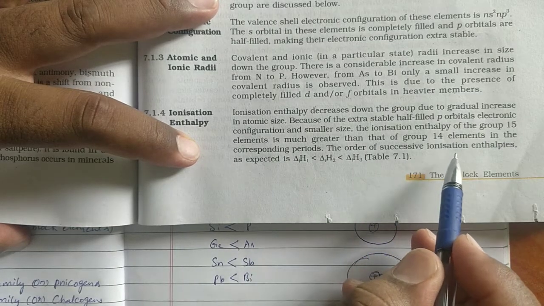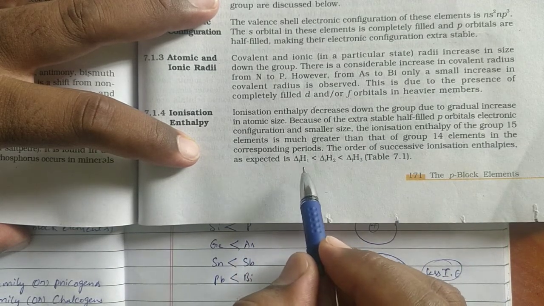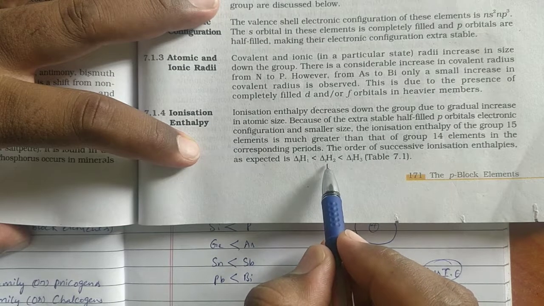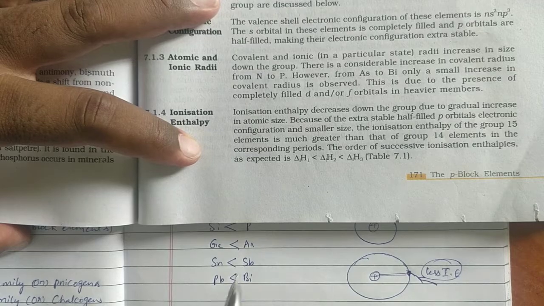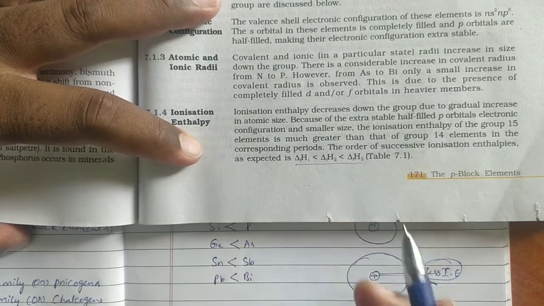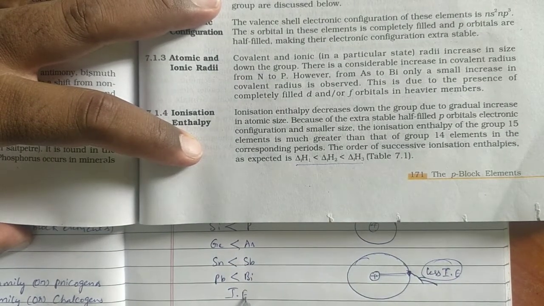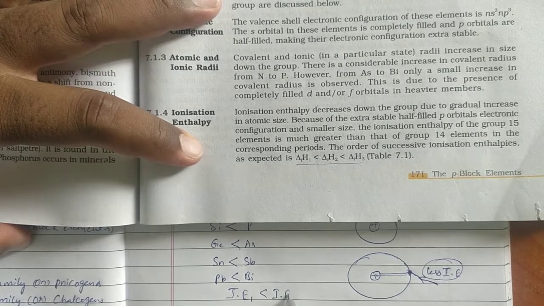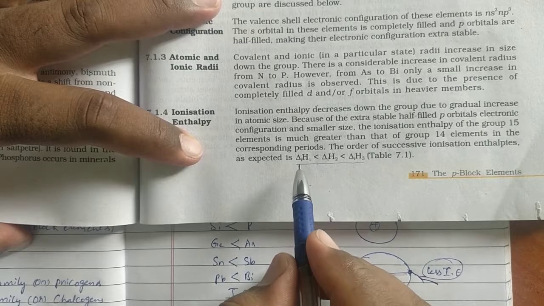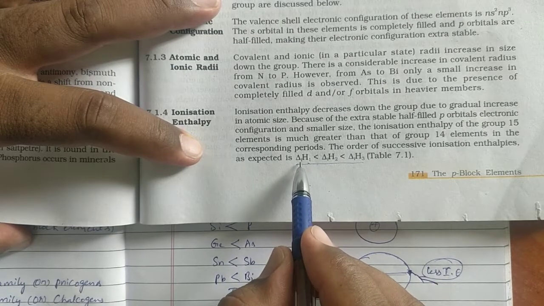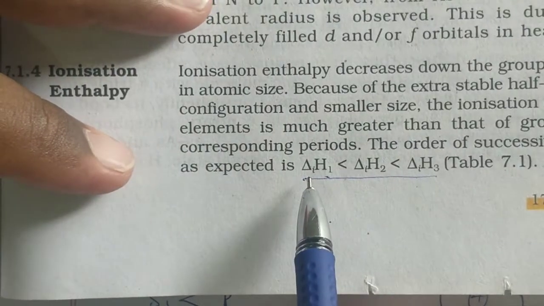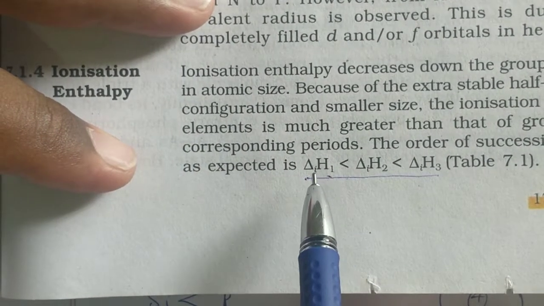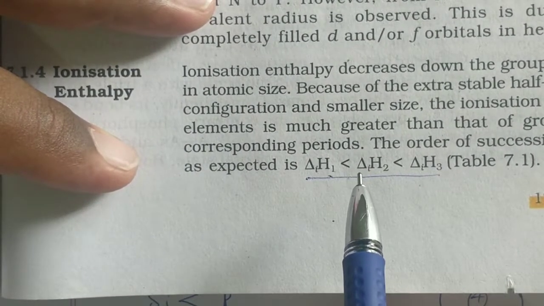The order of successive ionization enthalpies, as expected, is delta H1 is less than delta H2 is less than delta H3. This is every time maintained like that only. IE1 is less than IE2 is less than IE3. They have written it in the form of delta iH. See, delta iH1 is nothing but ionization enthalpy 1.